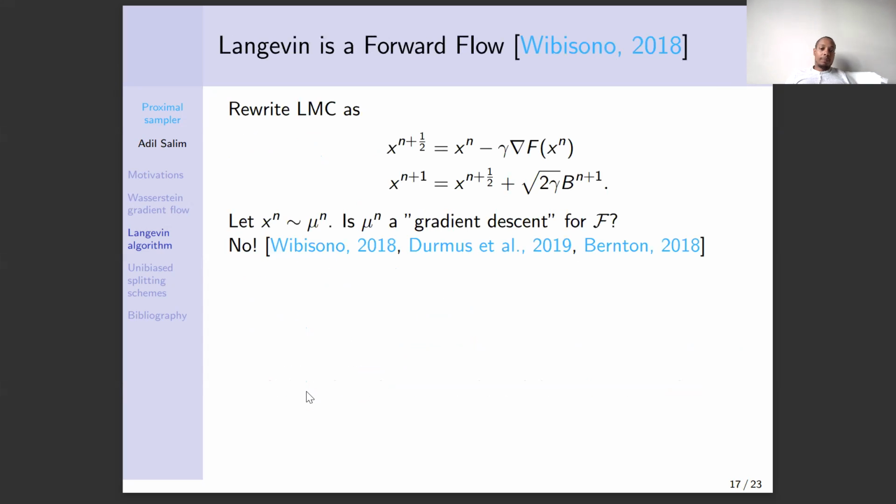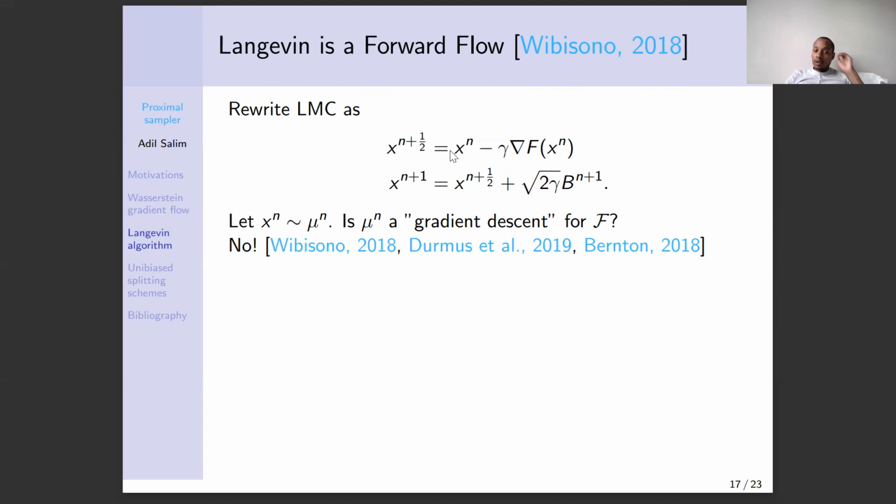So now what I want to do is try to explain why it's biased, and how we can fix that. A nice interpretation that you can find in an important paper for the field is that Langevin is a forward flow. So what does it mean?